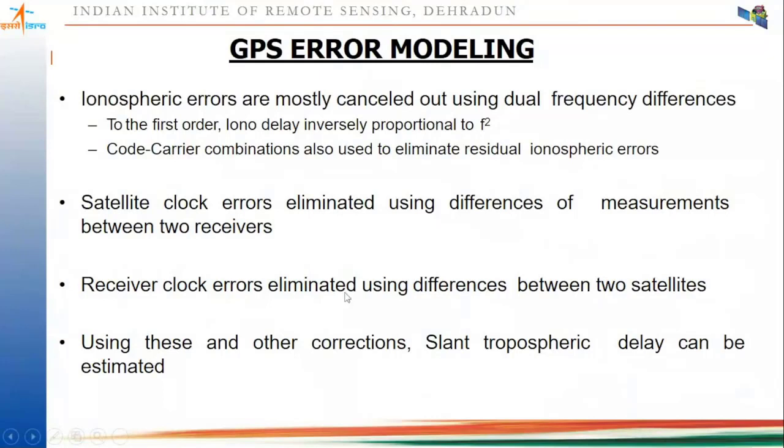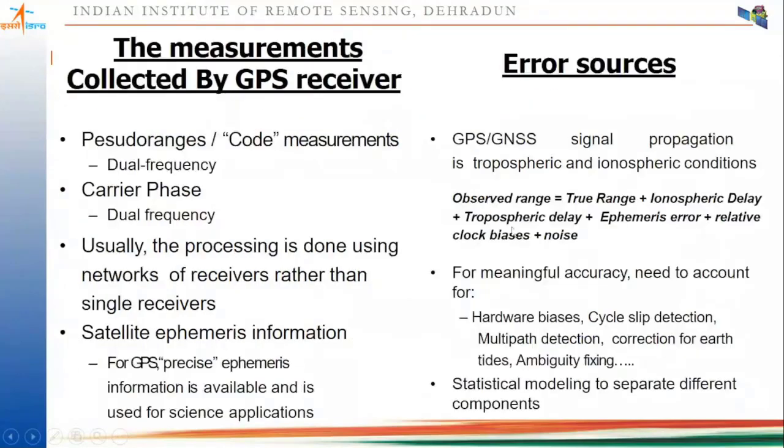So when we consider all these errors, if we remove the other errors, what remains? For the true range, you need precise parameters of the satellite, and you know the receiver position.